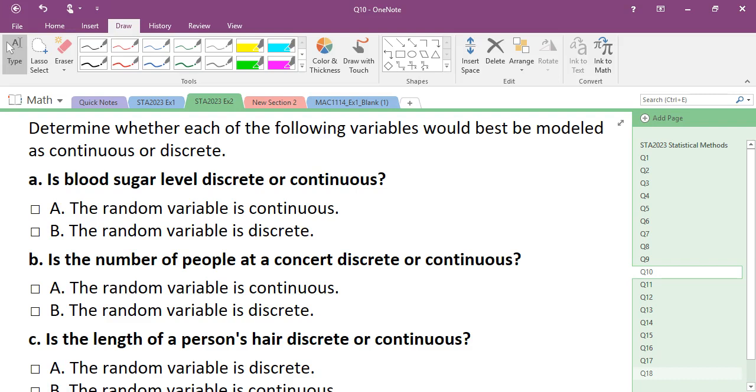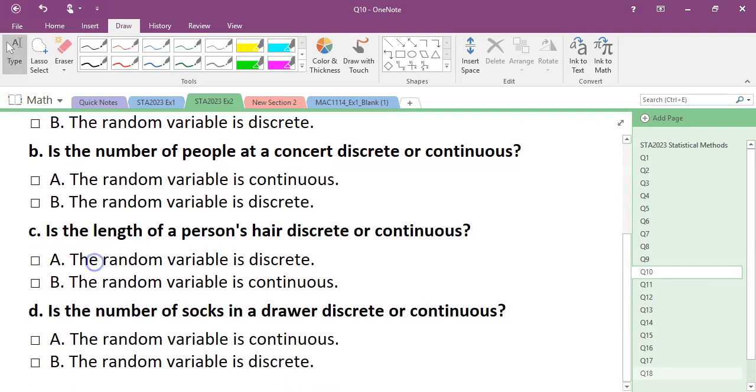All right, so is blood sugar level continuous or discrete? Definitely continuous, because it's not a hard, fast number. It can be a range of numbers. Is the number of people at a concert continuous or discrete?